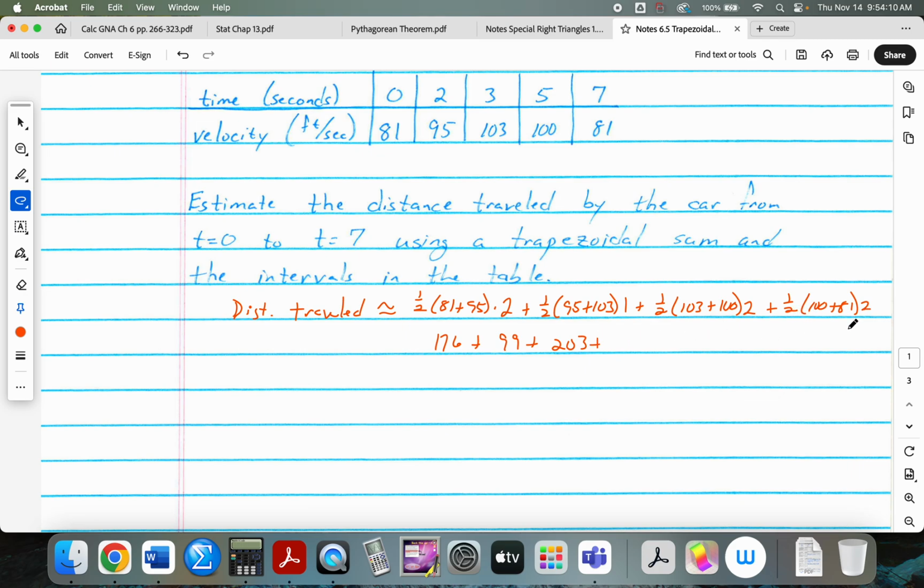Here the 2 and the 1/2 cancel, and I have 181. So 176, 575, 578, 579, 659. We'll hope that that's okay. So it's 659 feet.